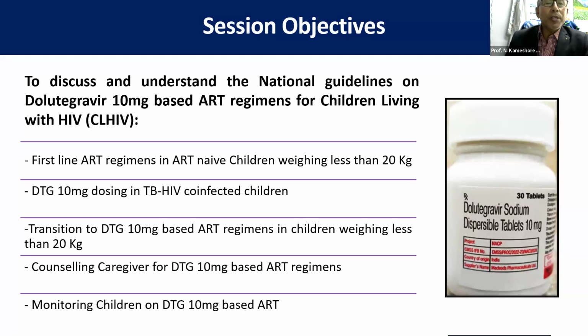So in this, we will discuss first-line ART regimens in ART-naive children weighing less than 20 kg, DTG 10 milligram dosing in TB-HIV co-infected children, transition to DTG 10 milligram based ART regimens in children weighing less than 10 kg, and also counseling caregiver for DTG 10 milligram based ART regimens. At the same time, we have to monitor children on DTG 10 milligram based ART. Next.